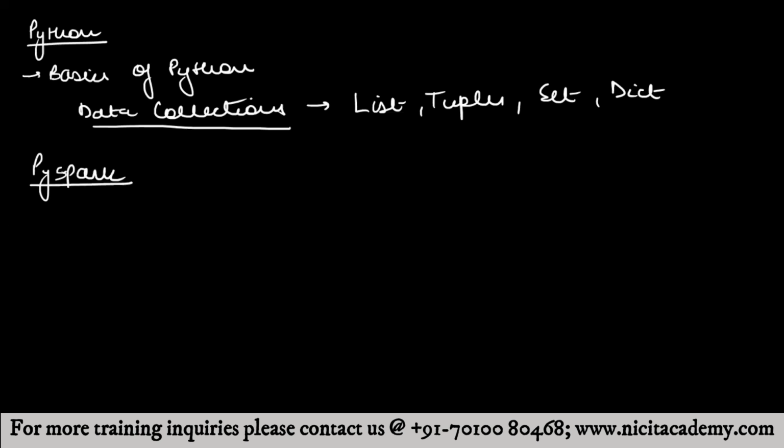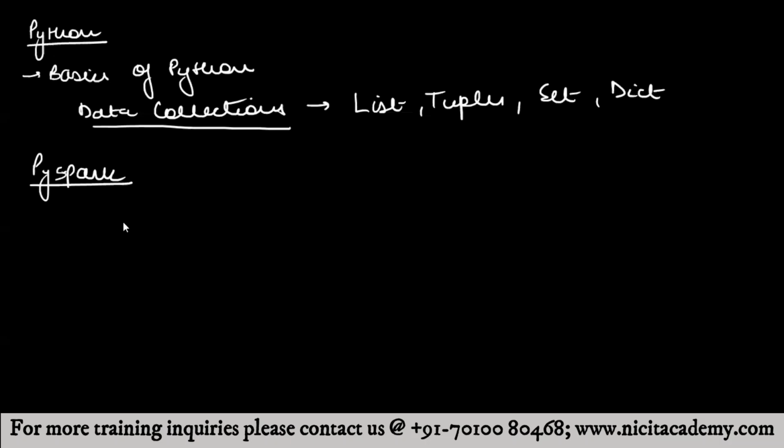PySpark. All right. Now, PySpark, we are going to cover because the moment you start working with the Spark architecture, once you're done with it, that is the point where you need to understand how you're going to talk to that Spark architecture, how you're going to give instructions to it.